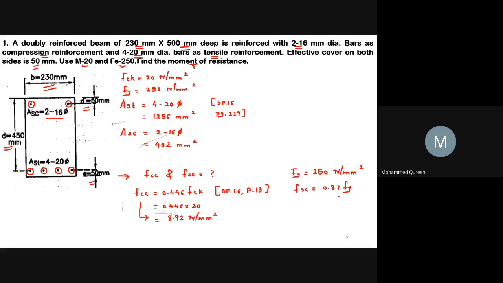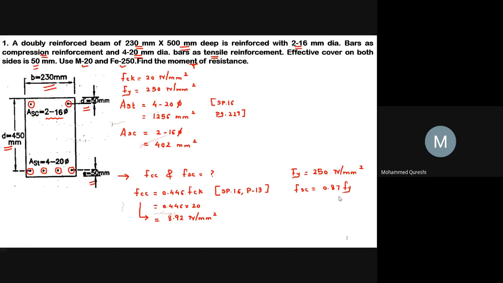For Fe415 and for Fe500, the value of fsc can be calculated using the table given in SP16, page 13, table F, that is stress in compression reinforcement in doubly reinforced beam.